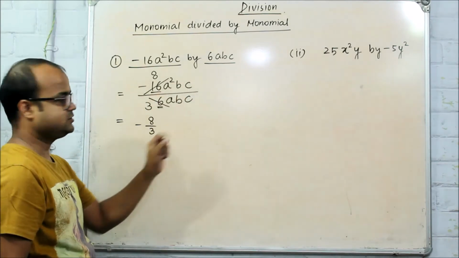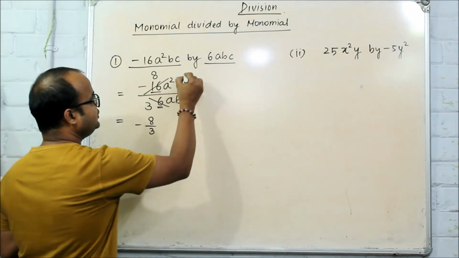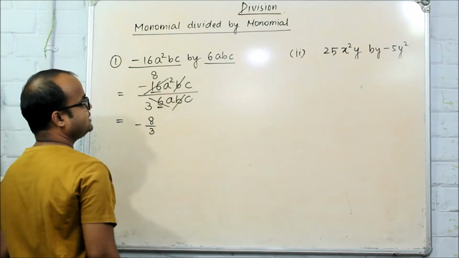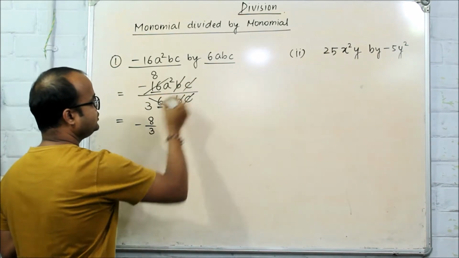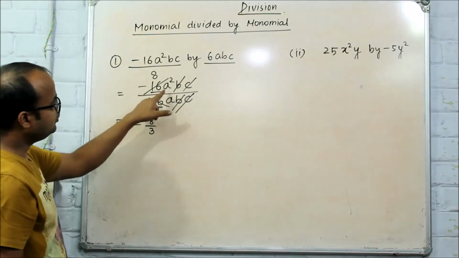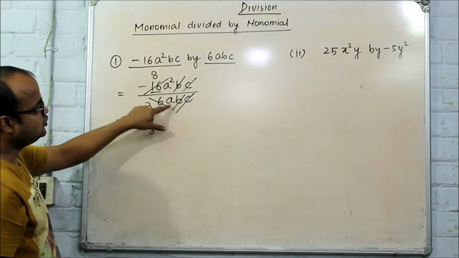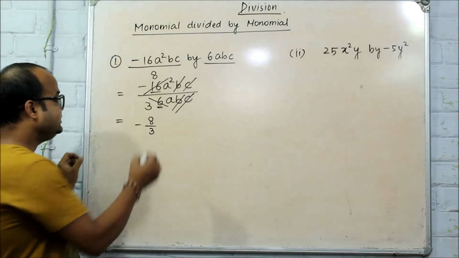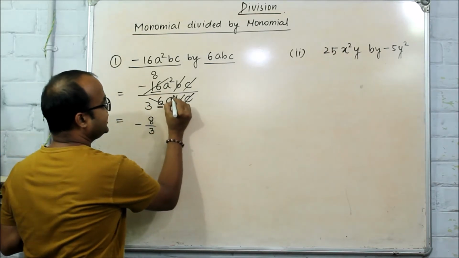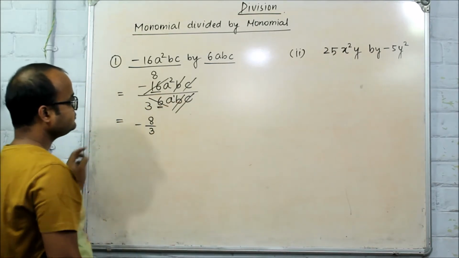simplify the literals. Now b to the power 1, b to the power 1 cancel. c to the power 1, c to the power 1 cancel. Now the only term left in the numerator is a square. Denominator is a, which you can write as a to the power 1.